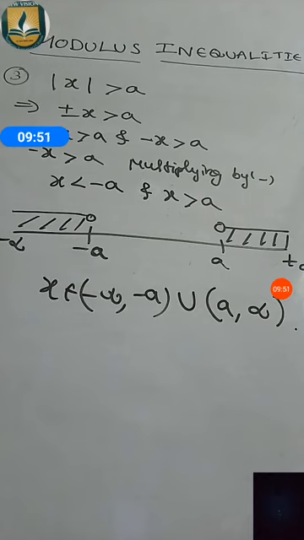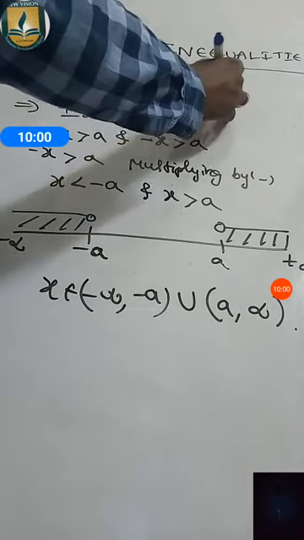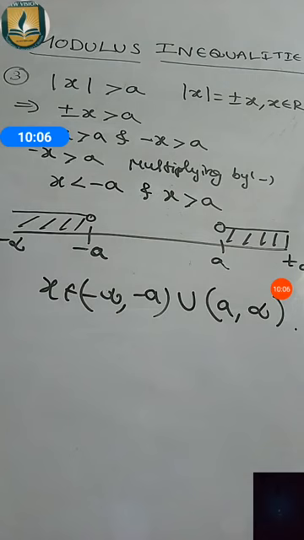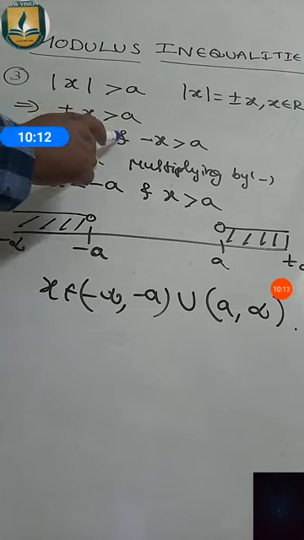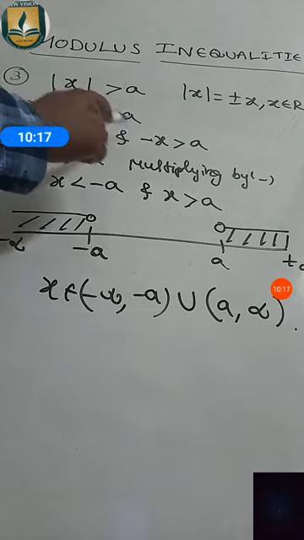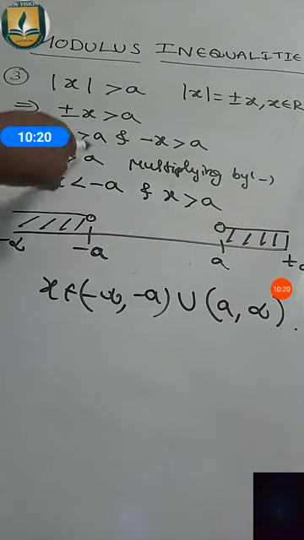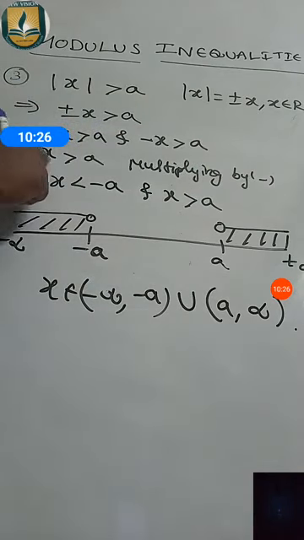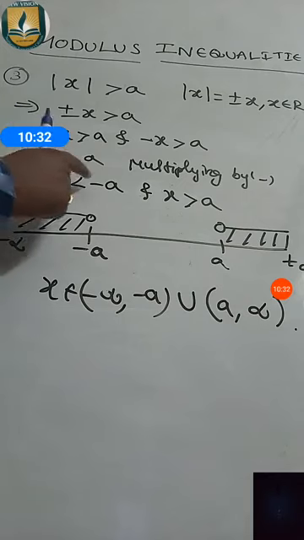Now the third result: modulus of x is greater than a. We know that modulus of x means plus or minus x when x belongs to R. So plus or minus x is greater than a, that means x is greater than a and minus x is greater than a. Now, minus x greater than a: multiplying by a minus sign on both sides, we get x, and the inequality is reversed, so x less than minus a.